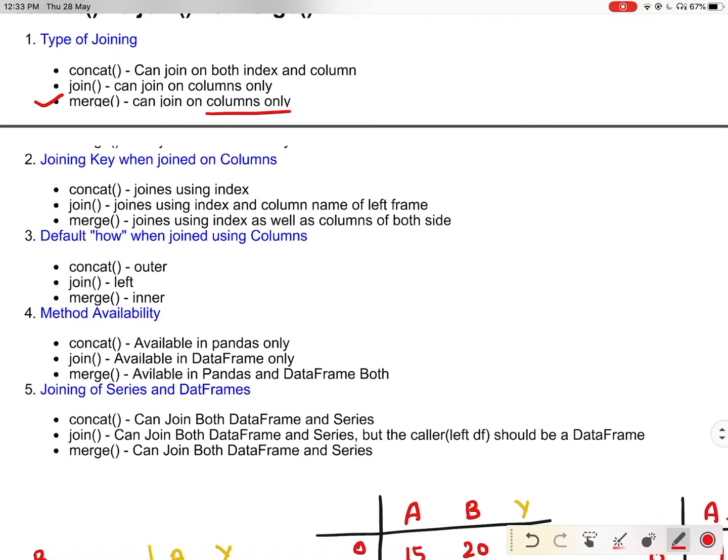So these two methods can join on columns only, and concat can join on columns or indexes. We can use the concat method to join data frames with both types.